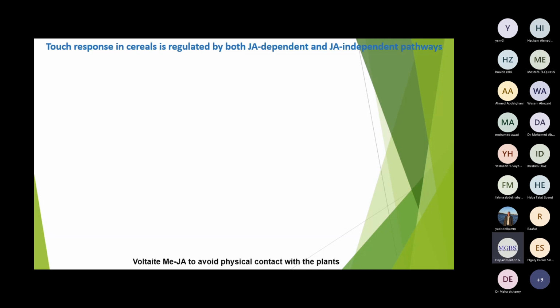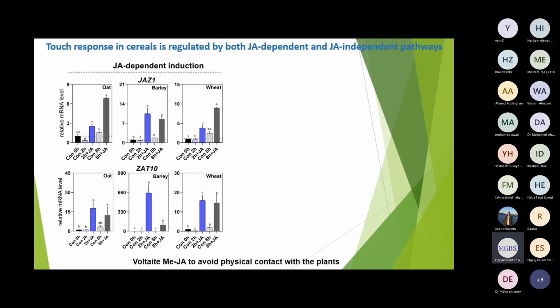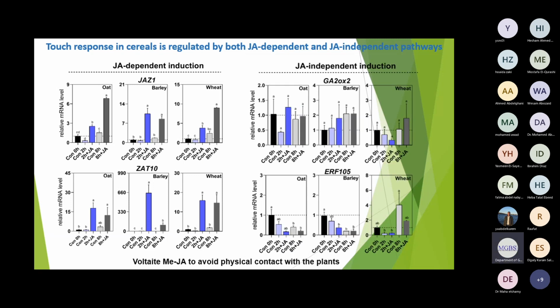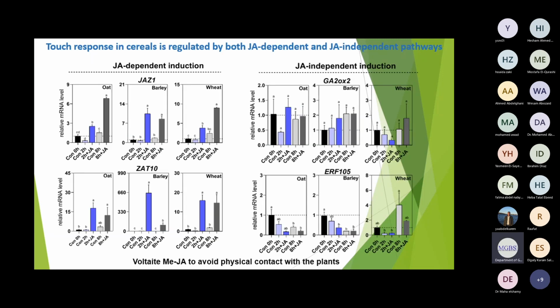We use volatile methyl jasmonate to avoid physical contact with the plants. And interestingly, we have found some genes that are upregulated after 2 hours. So you see here, control 2 hours means plants that contain only air, compared with plants subjected to methyl jasmonate.